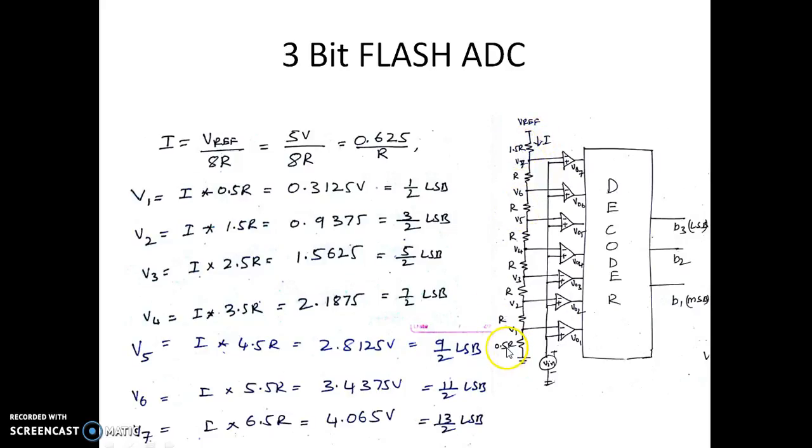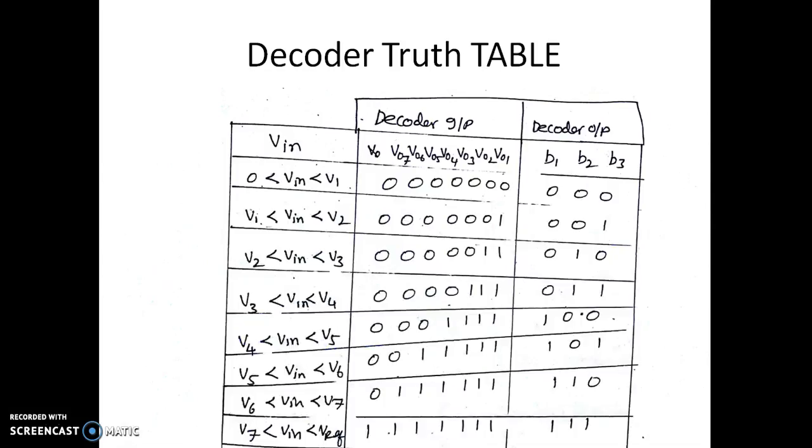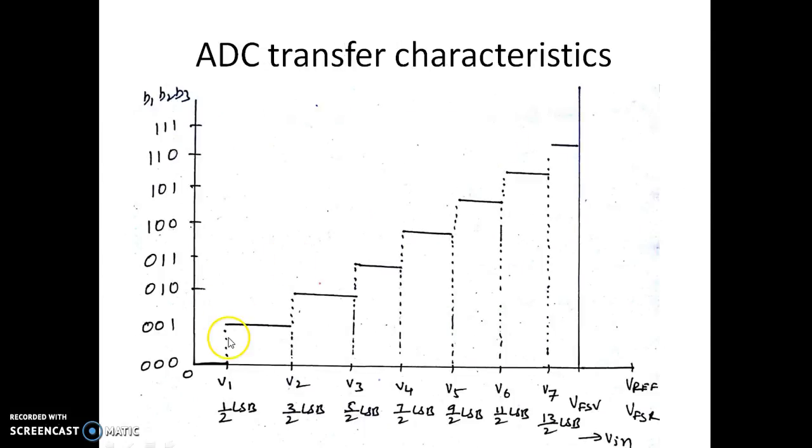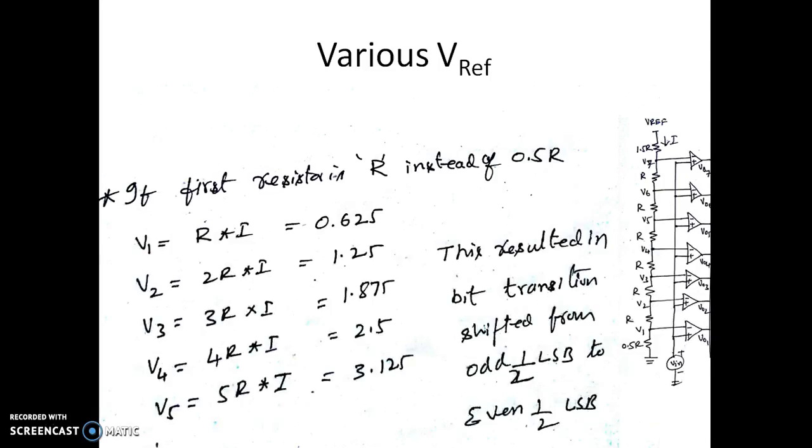If you're making this R, this should also be replaced by R. If that is the case, there is a shift in the transfer characteristics from half LSB to 1 LSB. So the transition of your output will change from odd number of half LSB to even number of half LSB. That's the major difference if you change these reference voltages by using different values of resistance, that is, instead of 0.5 R, if you replace it by R.